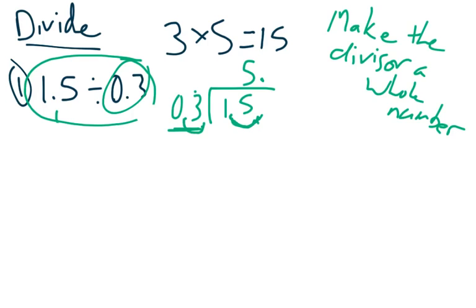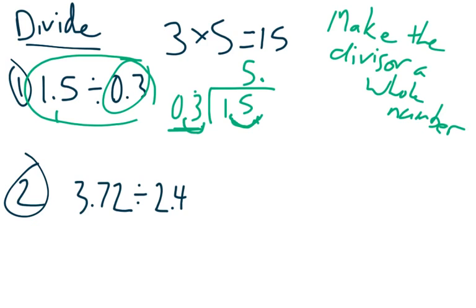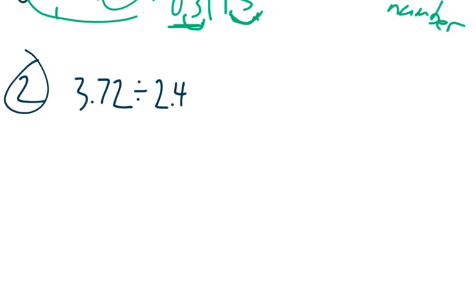That was easy enough. Now, let's look at something a little more complicated. For this one, let's go with 3.72 divided by 2.4. The process is, I'm going to rewrite this in long division. 3.72 is going to go underneath my division sign, and then 2.4 goes outside of it.